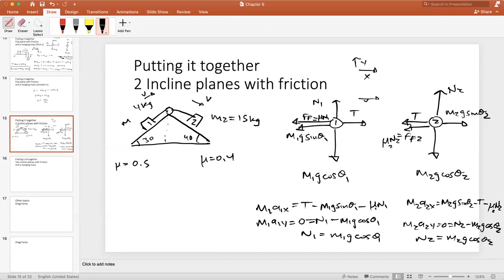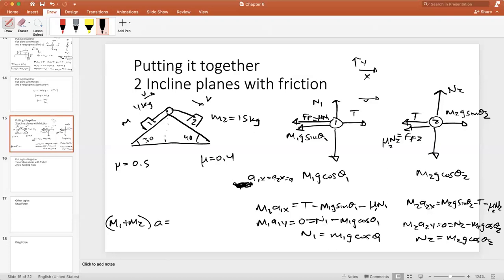This is the left side's mu, 0.5. Plugging those in, the masses are different. You're going to get M1 plus M2, noting that A1X is equal to A2X, and we're just going to call it A.